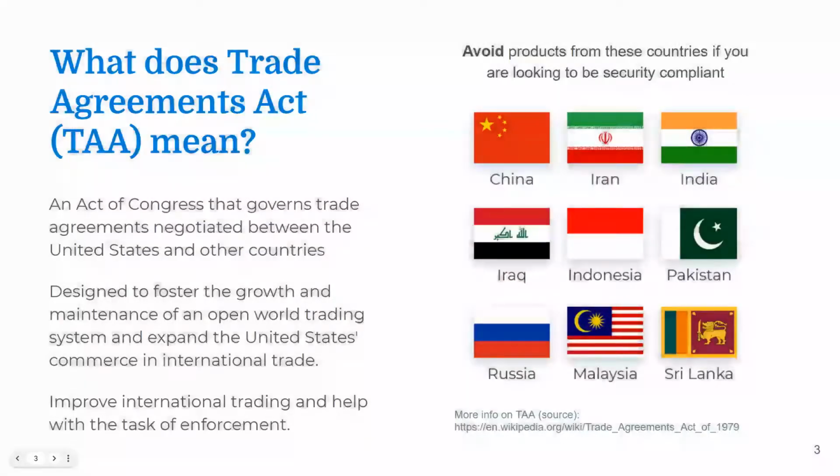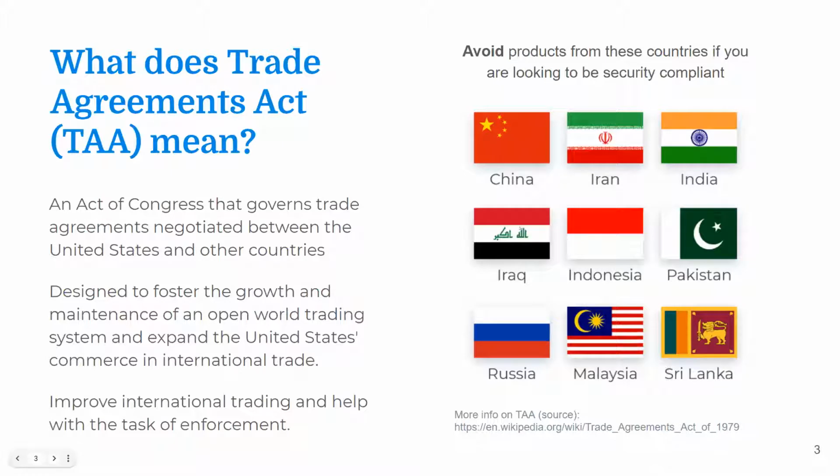So what does Trade Agreements Act actually mean? An act of Congress that governs trade agreements negotiated between the United States and other countries, designed to foster the growth and maintenance of open world trading systems and expand the United States commerce and international trade. So these are a specific set of countries allowed to be imported for manufactured hardware to be used in government installs.